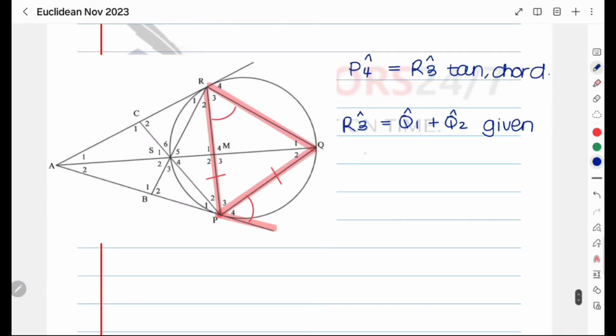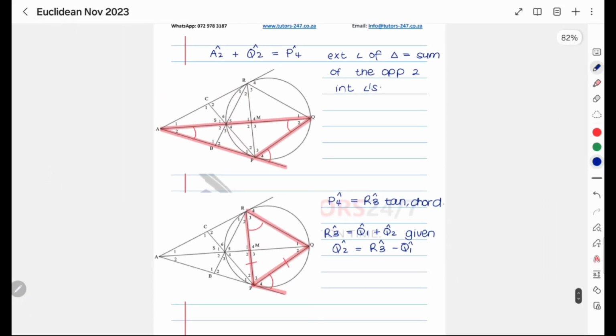So I'm just going to rearrange this so we can have Q2 as equal to R3 minus Q1. So we now have Q2 in terms of Q1, and we have P4 in terms of R3, so we know the R3s in both equations could possibly cancel each other out. So from here, we are going to substitute what our value of P4 is equal to and what our value of Q2 is equal to back into the original equation.